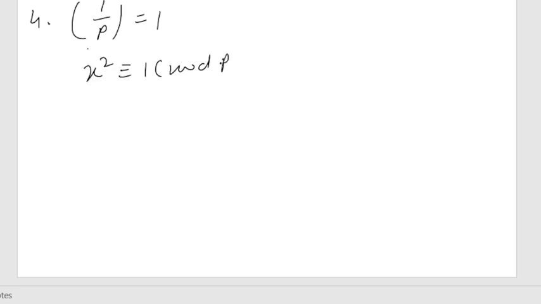And the next property, the fourth one, is that the Legendre symbol of 1 by p is equal to 1. By the definition of the Legendre symbol, x square is congruent to 1 mod p always has a solution. And what is that? x is equal to 1.